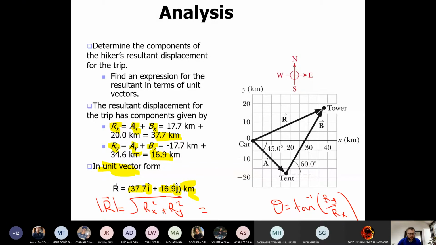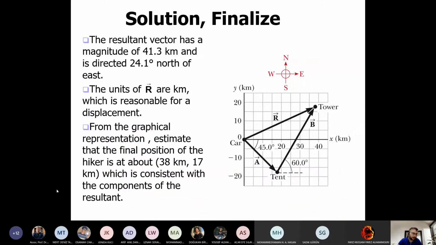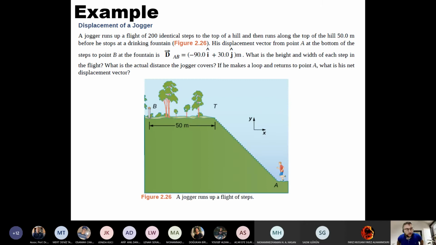If you calculate it, you can find that the magnitude is equal to 41.3 kilometers and the angle is 24.1 degrees north of east. Yes, this is the end of this question. This one is also not very difficult.